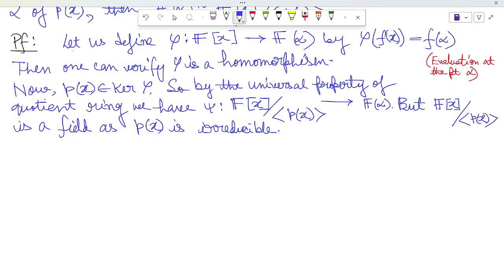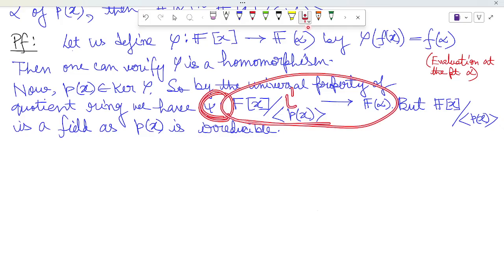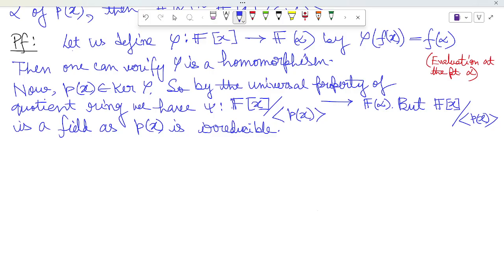So psi is a field homomorphism which is injective, because it is a non-zero map. It maps 1 to 1, so it is non-zero. If a ring homomorphism between fields is non-zero, it must be injective. I proved this.